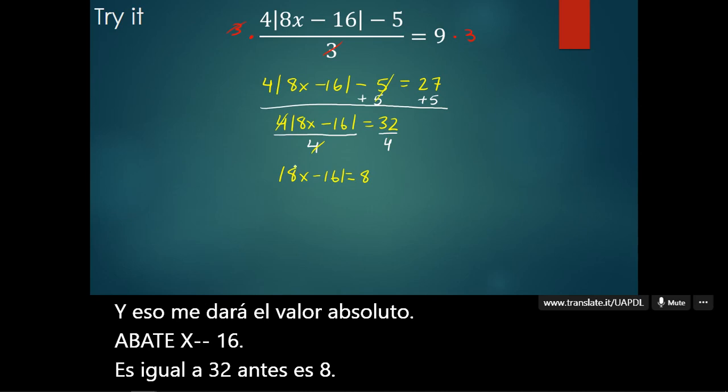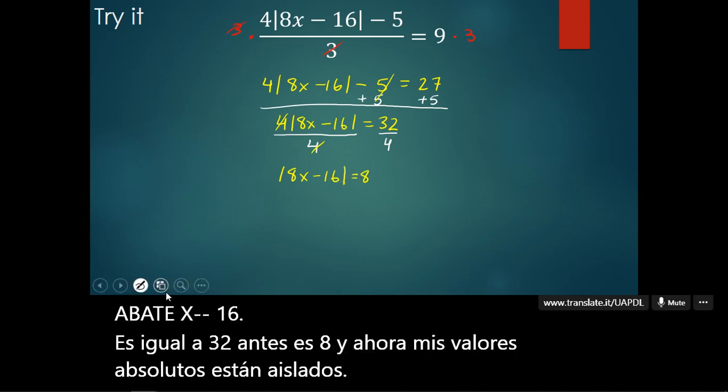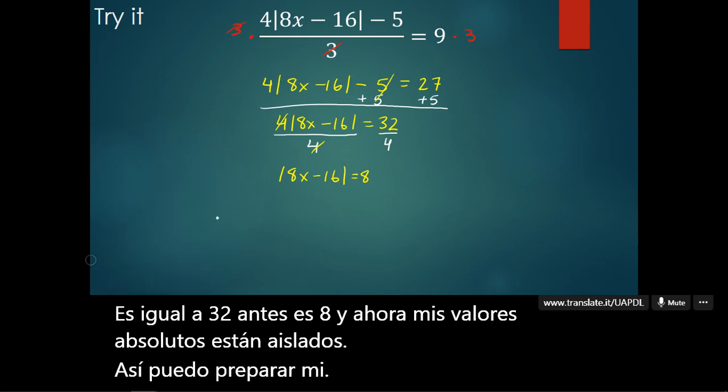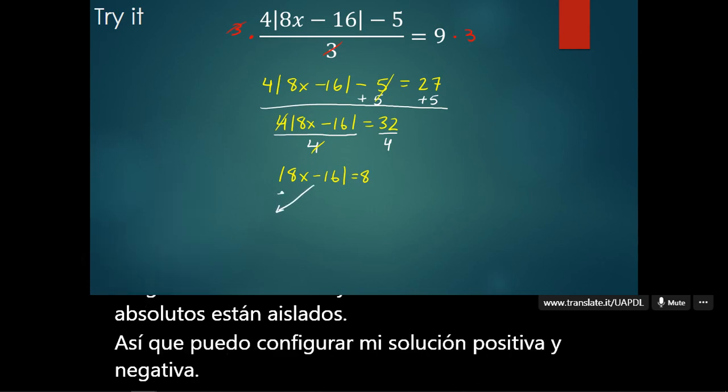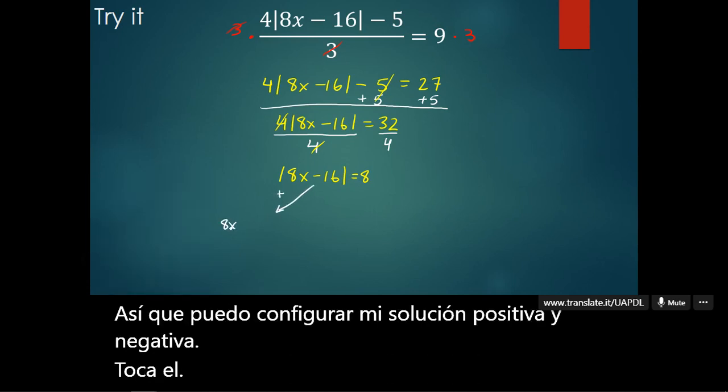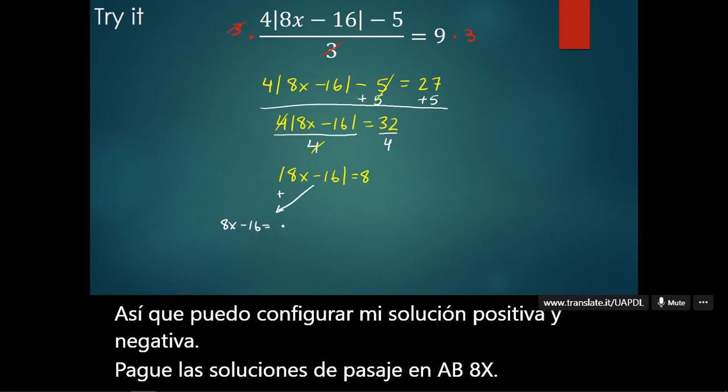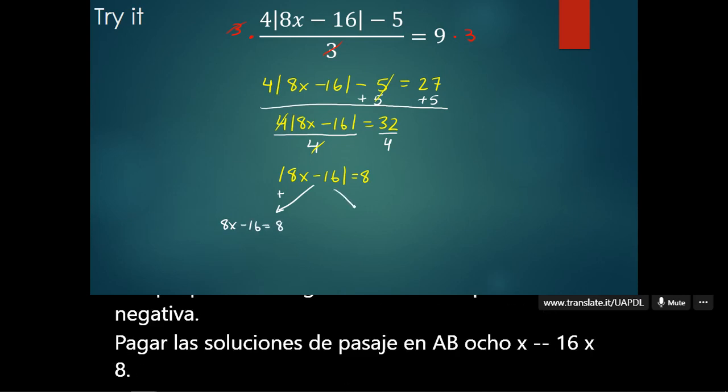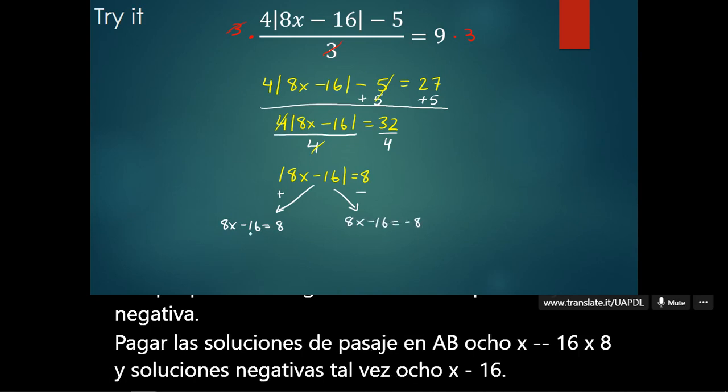And now my absolute value is isolated. So I can set up my positive and negative solution. Okay, the positive solution is going to be 8x minus 16 equals 8. And the negative solution is going to be 8x minus 16 equals negative 8.